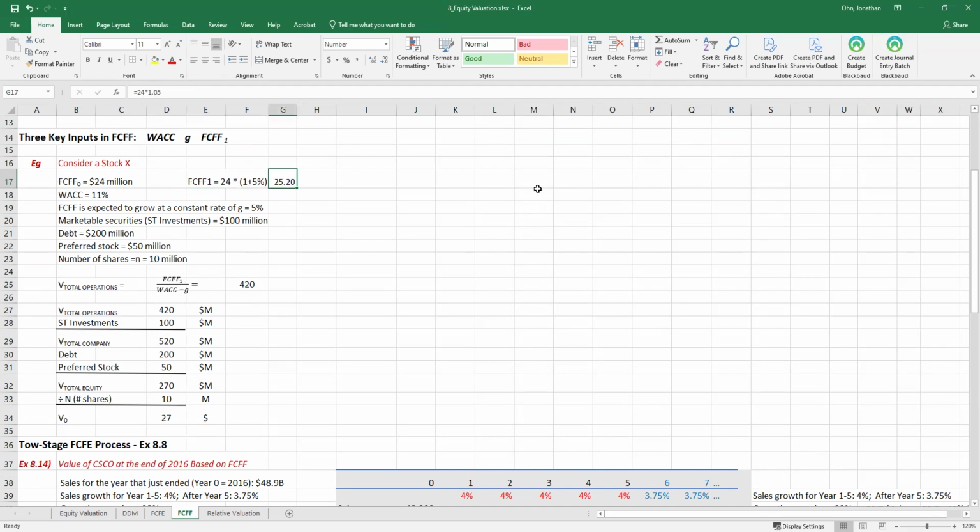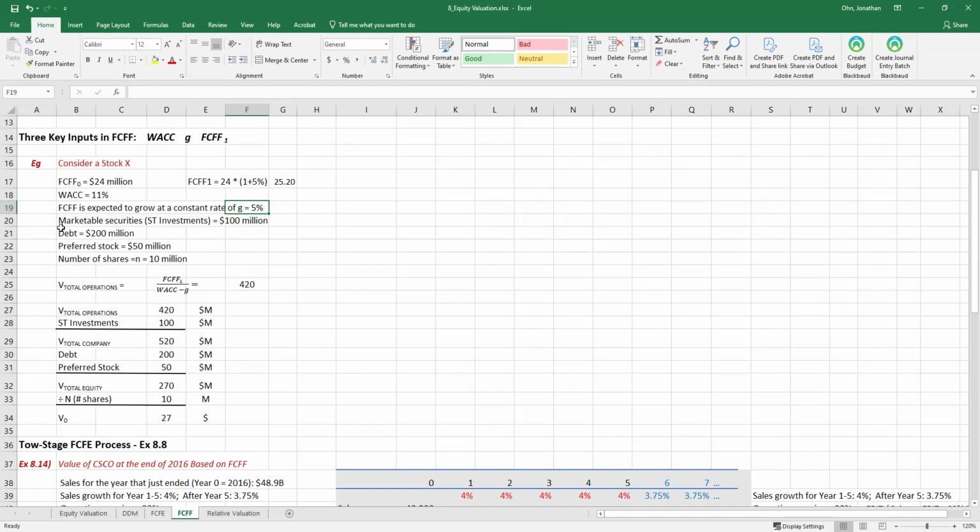That gives you $25.20 million. WACC is 11%, and the growth rate is 5%. Marketable securities are 100 million, debt is 200 million, preferred stock 50 million, and the number of shares is 10 million.